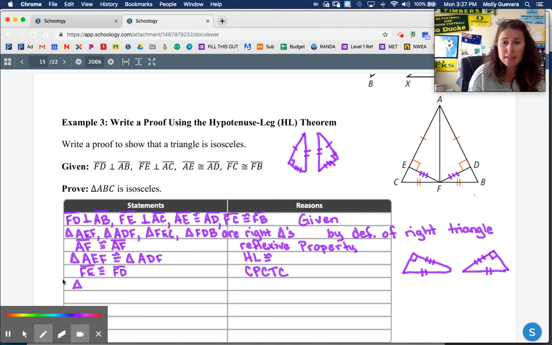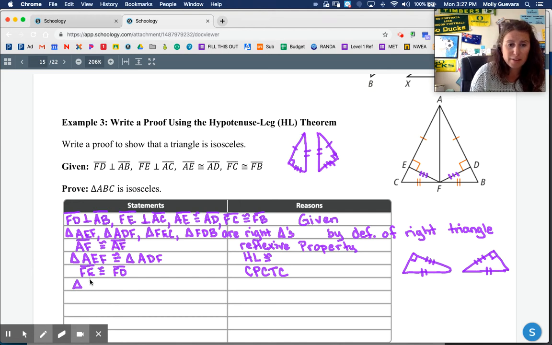And I can say that triangle FEC is congruent to triangle FDB by HL.